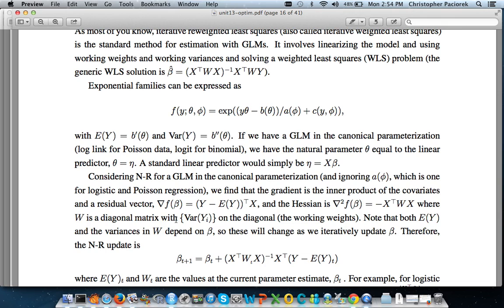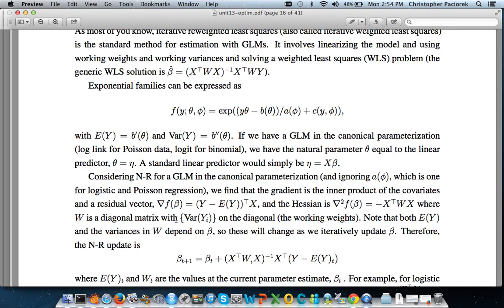So those variances in our Poisson setting are, since the variance is the same as the mean for a Poisson distribution, just exp of xi theta. So this is going to be the value w_ii in our weight matrix.